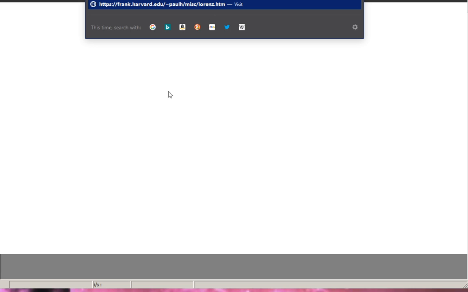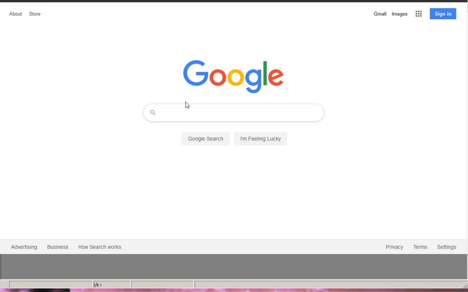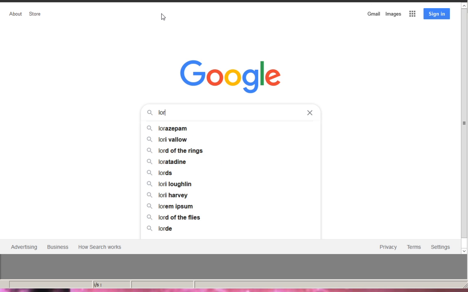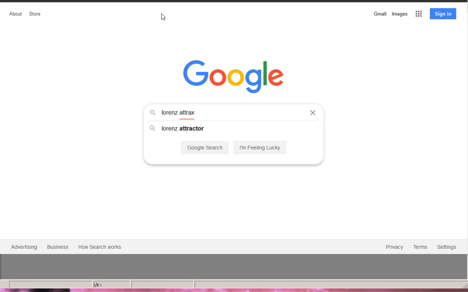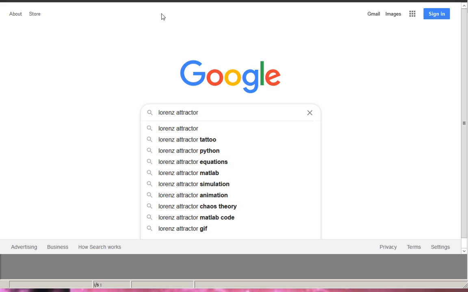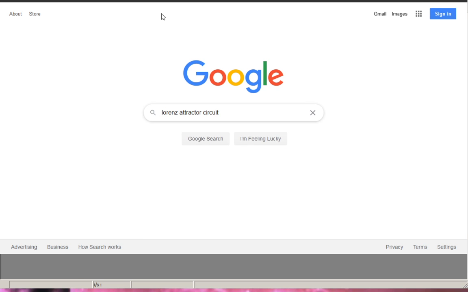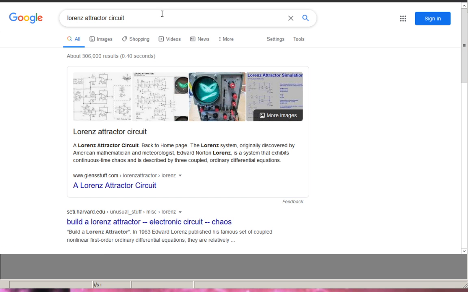Frank.harvard.edu. Well, let's look this up here. Lorenz. Because I know there's what's called a Chua circuit. Oh, this could be it right here.